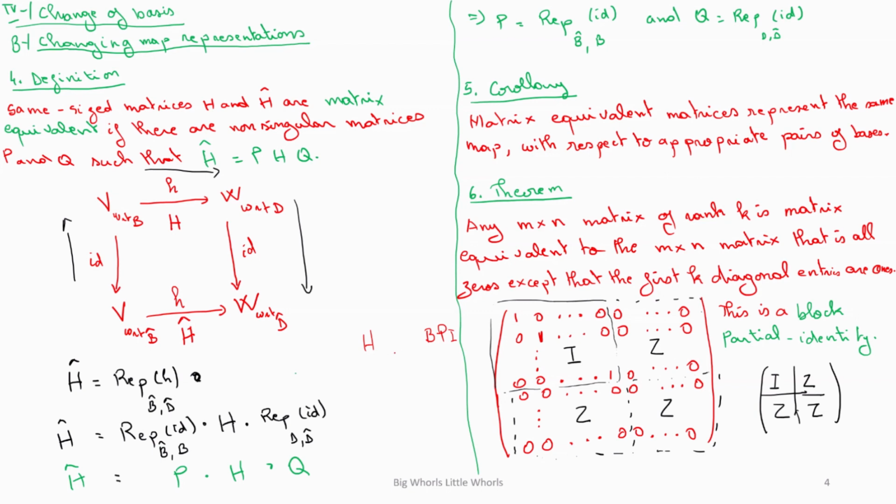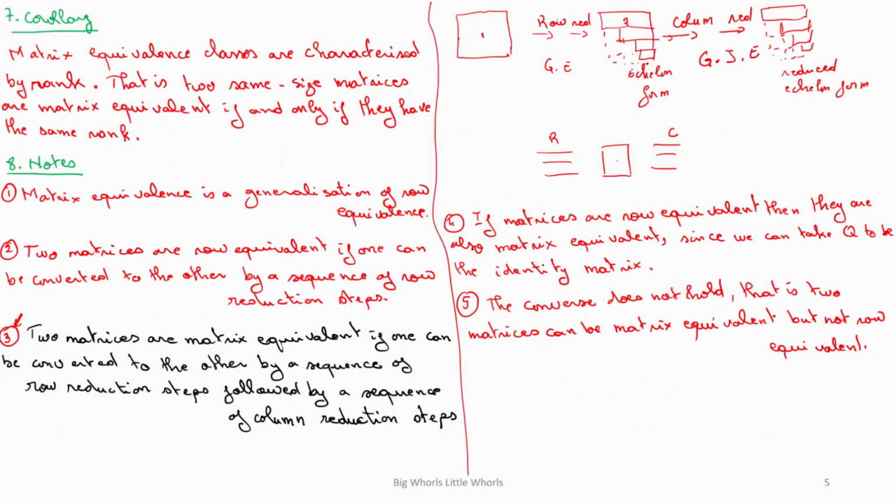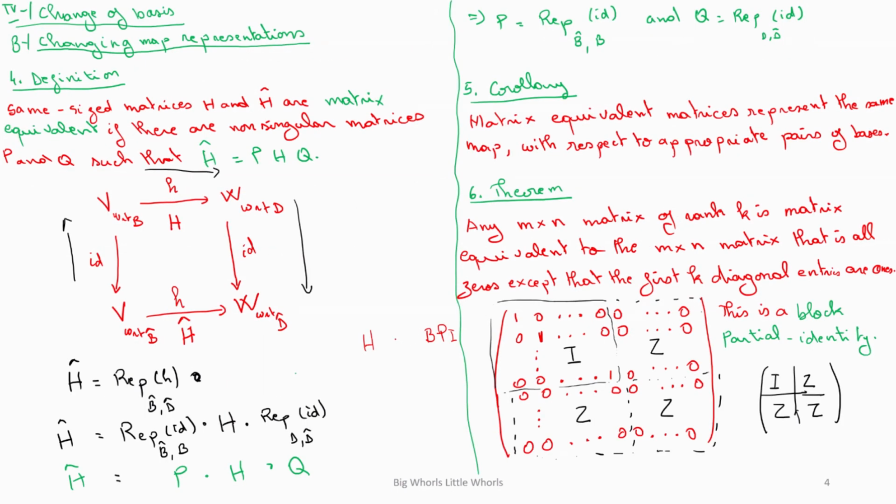The note number 3 says that since these two matrices are matrix equivalent, we can get to the block partial identity matrix by performing row reductions on H and column reductions on H.